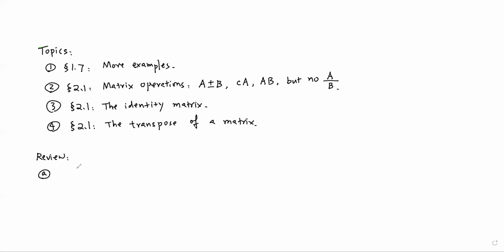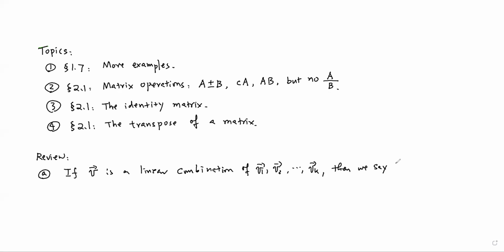Number 1, if a vector v is a linear combination of some other vectors, say v1, v2, vk, then we say that the vector v linearly depends on these k vectors.